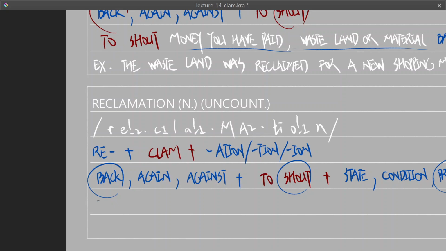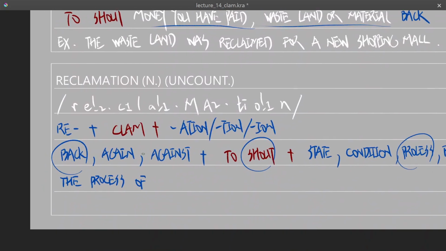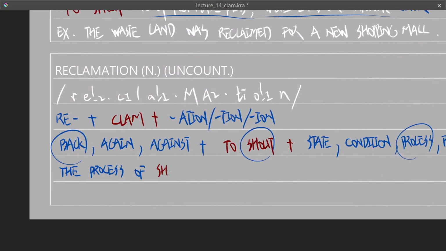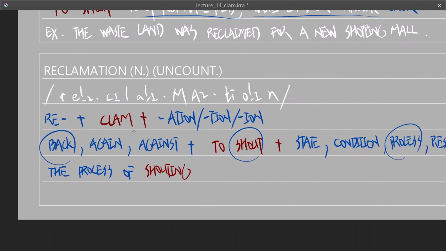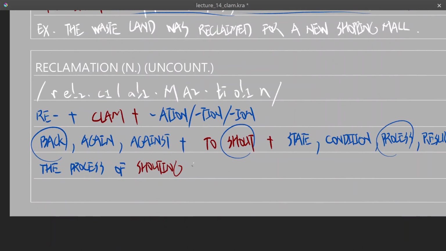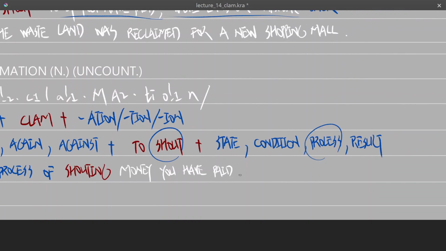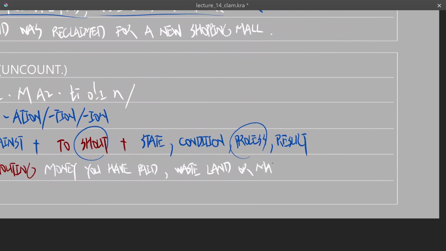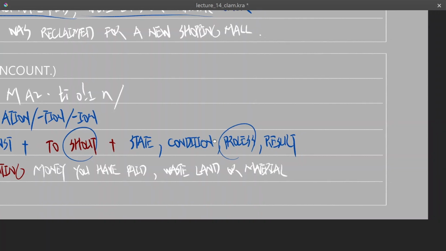So the state, the process of shouting money you have paid, wasteland or material back.